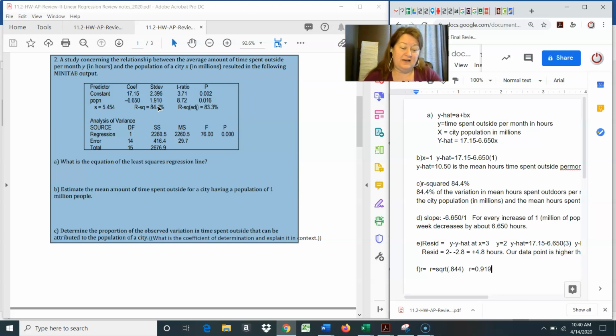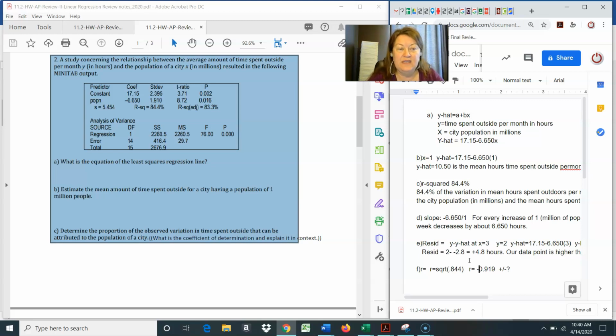I have to figure out, is it plus or minus? How do I determine that? Well, I'm going to go back and look at the slope number. If the slope was downhill, it means my best fit line was downhill. That means my correlation number should also be downhill. So I'm going to put in a negative amount so that it matches the slope.